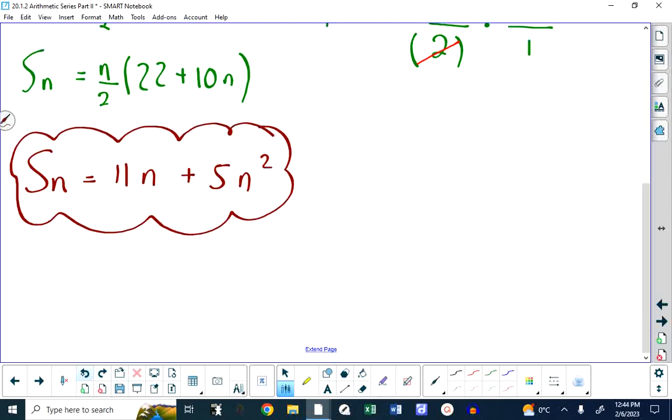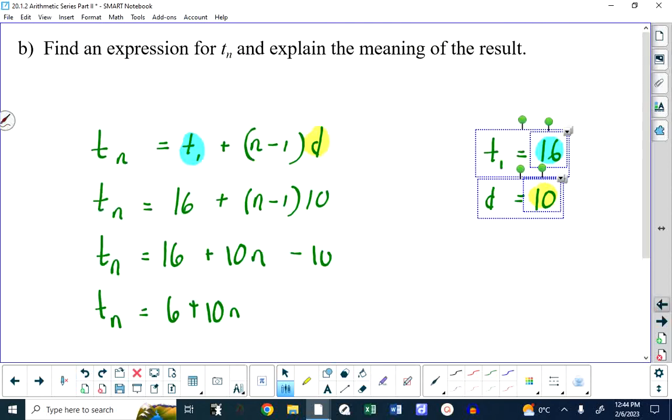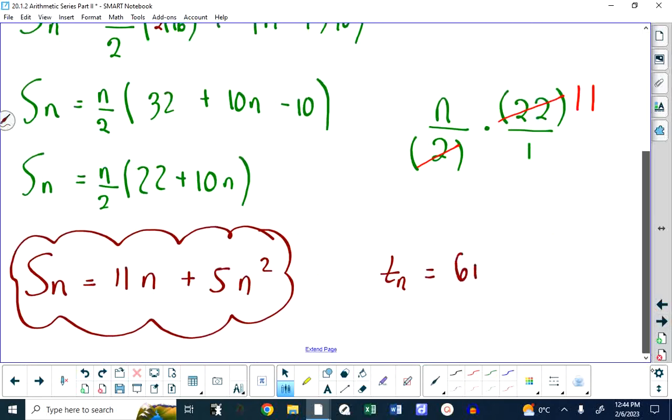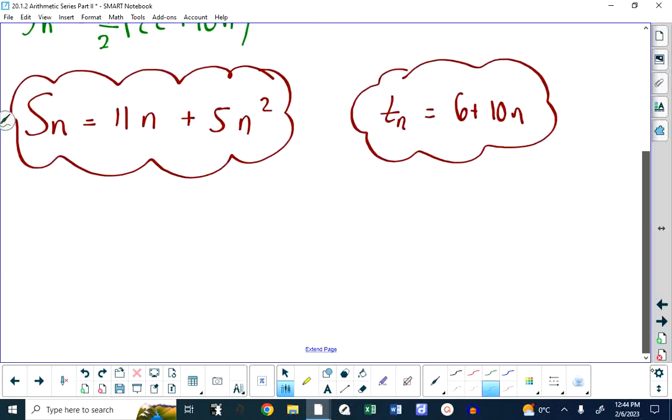What does it mean? It means the same kind of thing that the formula for Tn meant. But I'm going to put my Tn formula up here. 6 plus 10n. The difference here, and I'm just going to explain this symbolically by using an example. If I put n equals 10 in here, what comes out?